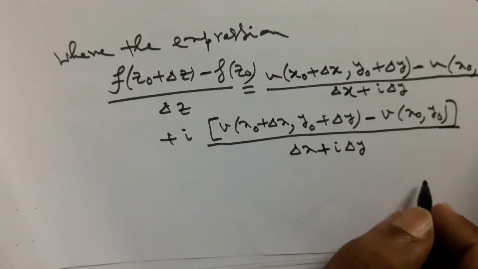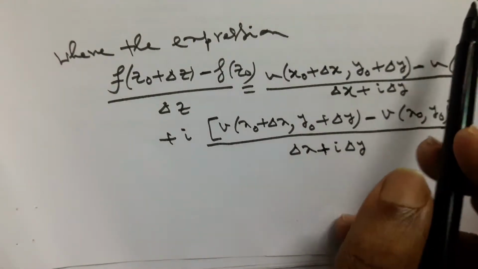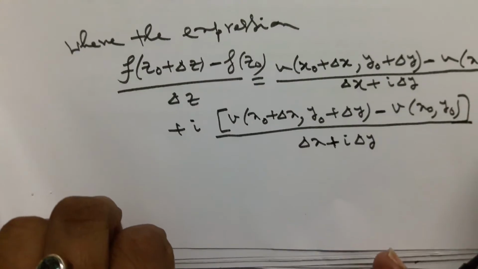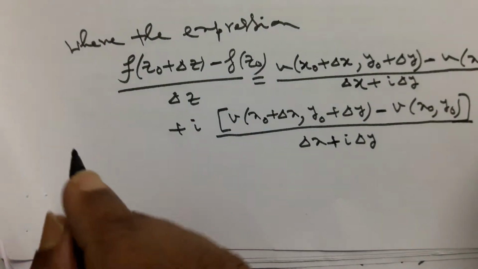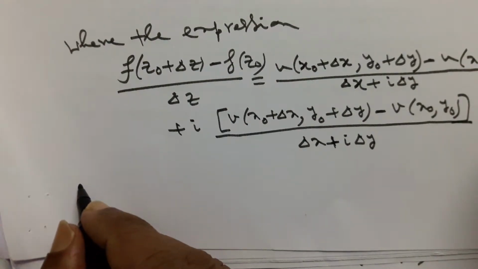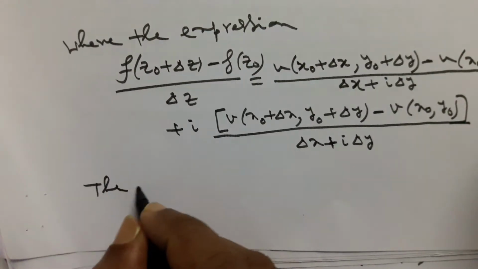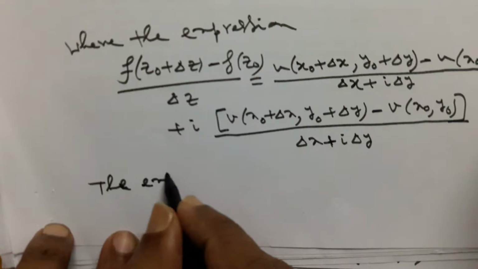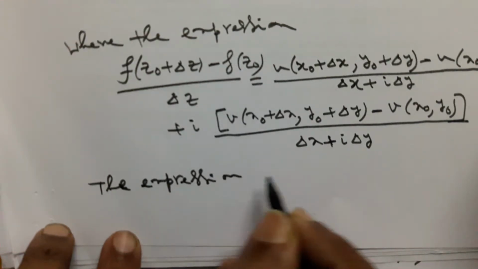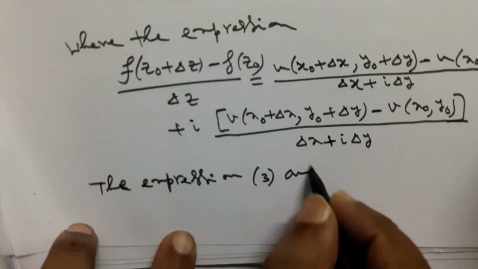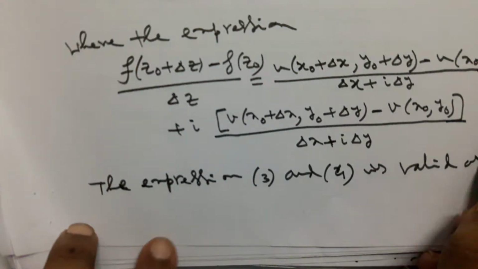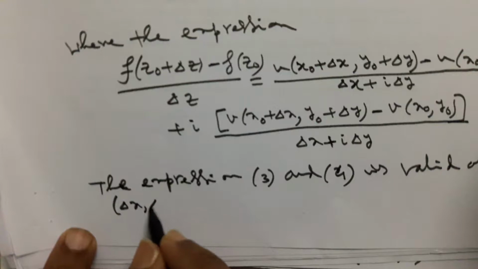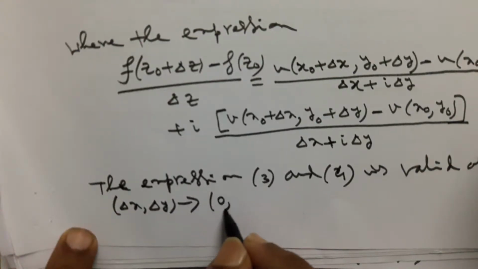Now these two equations, equation numbers 3 and 4, real and imaginary parts, are valid as del x, del y tend to 0, 0.